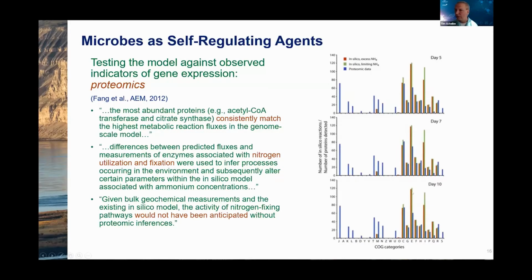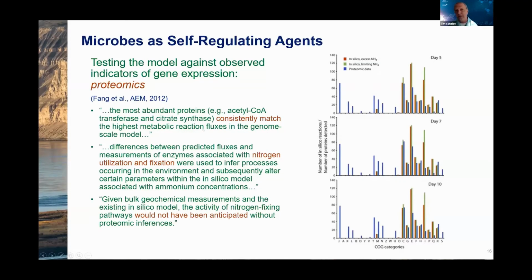And this graph over here from their paper shows how they compared the proteomics data, which are the blue bars, with the in silico model predictions under either limiting ammonium or excess ammonium conditions. And what you can see is that there's actually a lot of correspondence between the predicted pathways that were supposed to be active according to the genome scale model and the proteins that were expressed representing the activity of those pathways.